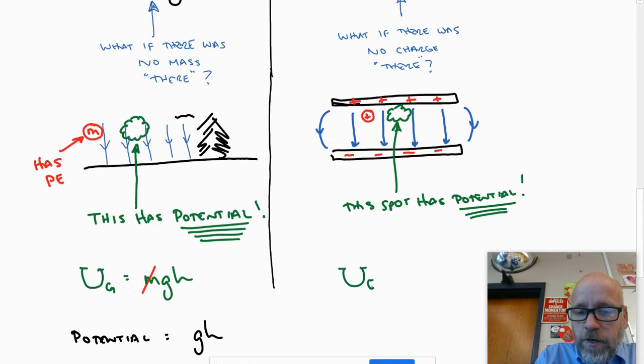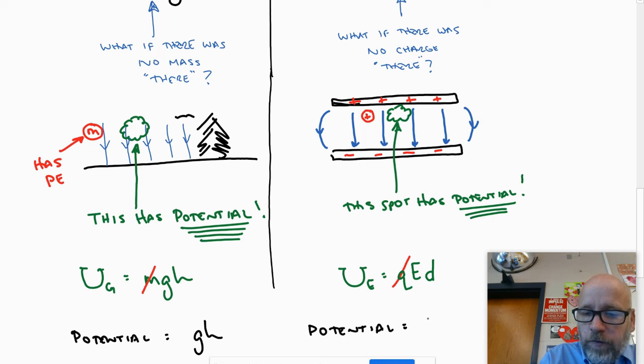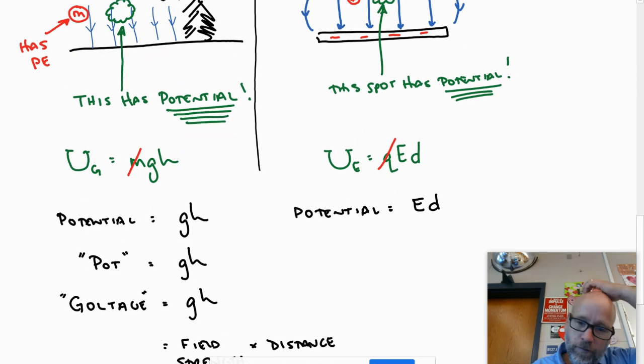So let's go back to our formula. If U_E equals qEd, if we cancel out the charge, then what I'm left with is the potential equals Ed. Now, the thing is, we don't call this potential. It actually has a name.